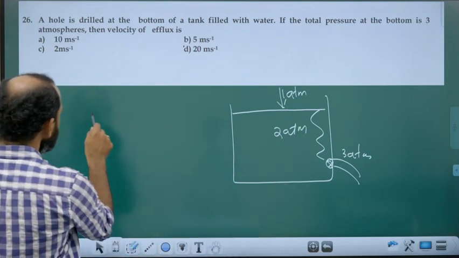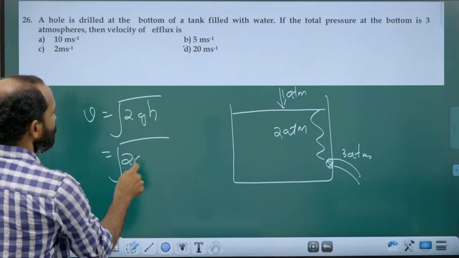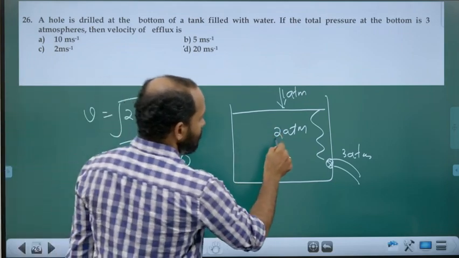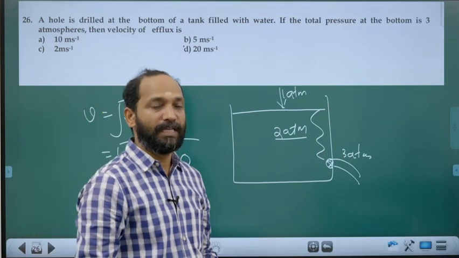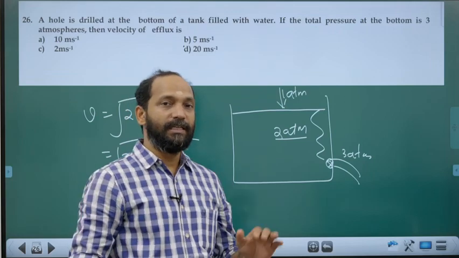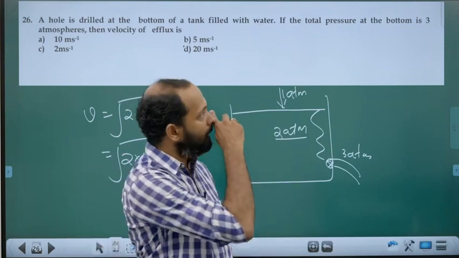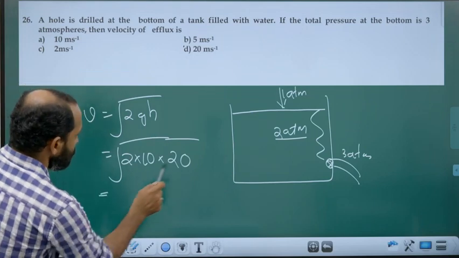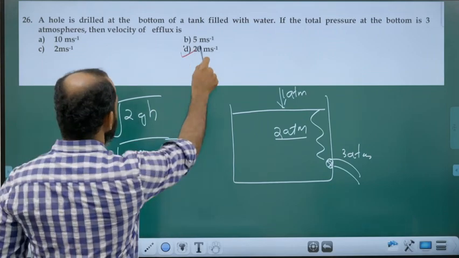Therefore, speed of efflux equals root of 2gh, that is root of 2 into g, I am taking 10. What is h? h will be 20 meter because 1 atm corresponds to 10 meter of water column, from the concept of the height of a water barometer, which is nearly 10 meter. We have done the same concept in the previous question also. So 2 atm means 20 meter. So 2 into 10 into 20 is root 400, you will get 20. So the right choice is option D.